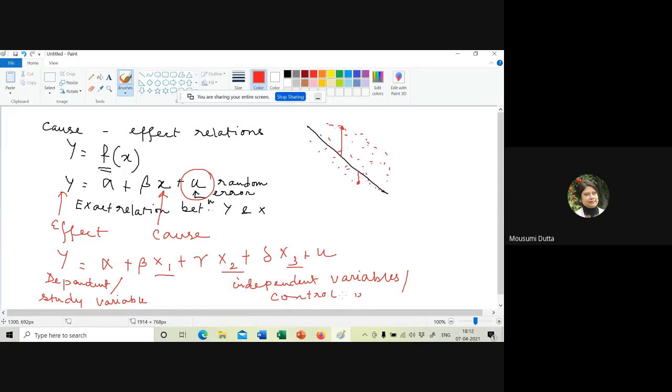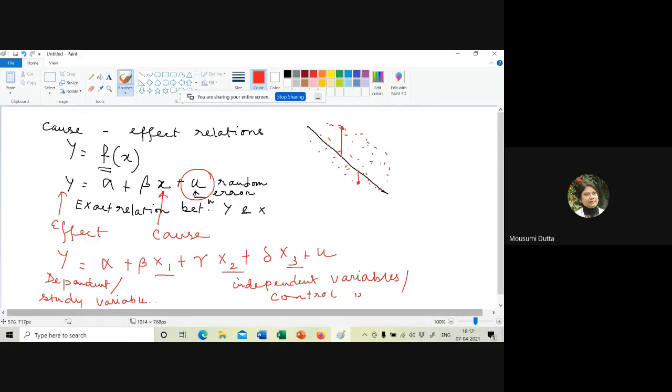As we move further, we will understand, these are not only considered as independent variables, these are all controlling factors, income, price of substitute. This can be considered as the controlling factor, controlling for price of substitutes, controlling for income of the individuals. We can find out the relationship between y and x1, or controlling for x1 and x3, we can find out the relationship between y and x2, and so on. Okay, so this series of variables, these are independent variables, control variables, or these are also called explanatory variables.